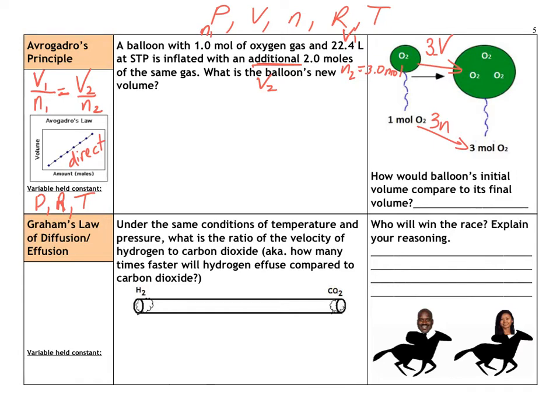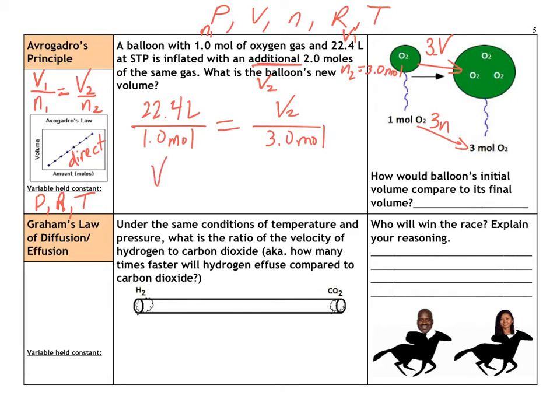And substituting everything into the equation, this is a pretty easy one to just set up. 22.4 liters over 1 mole equals V2, which is what we're looking for, and of course we're tripling the moles.